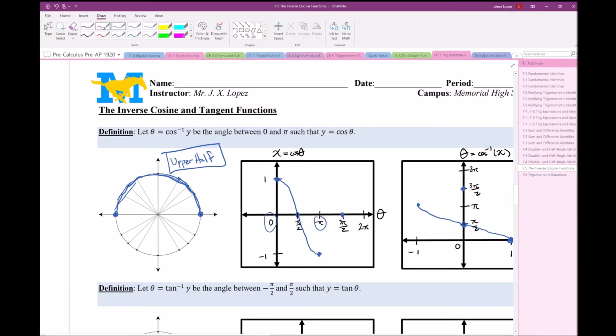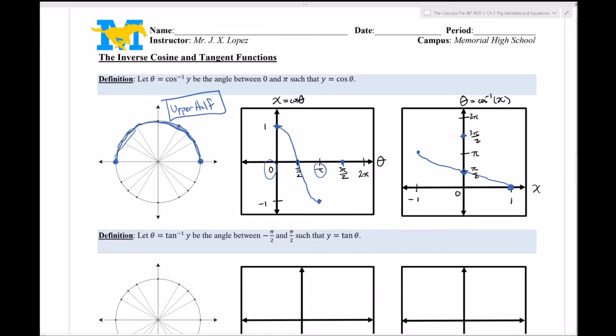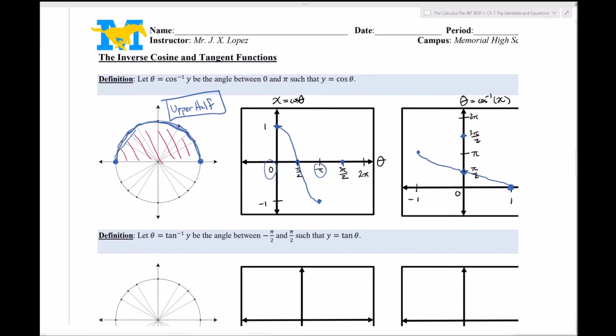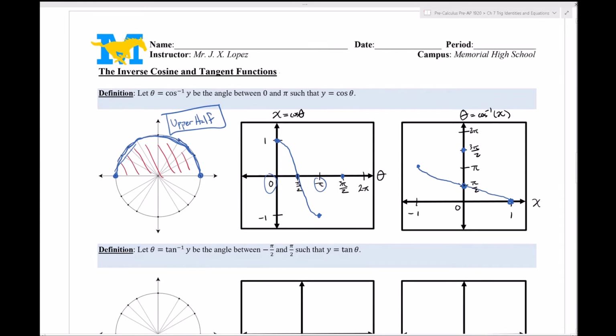Whereas sine, it's the right half. And that's our definition, or that's our visual definition for inverse cosine. So here we have written in mathematical terms, it's from 0 to pi. And if theta is equal to inverse cosine, then x is equal to cosine theta.